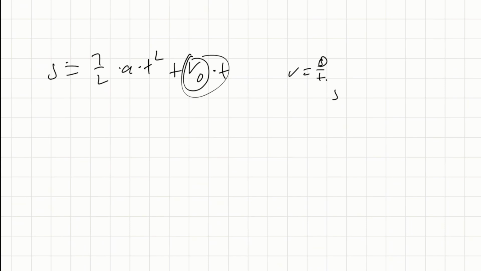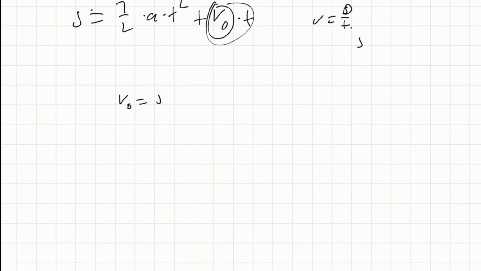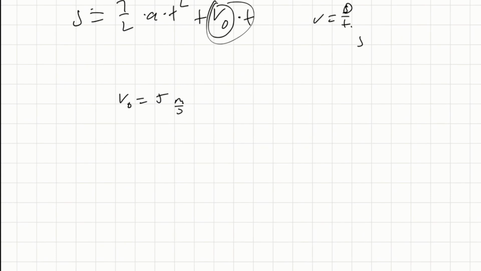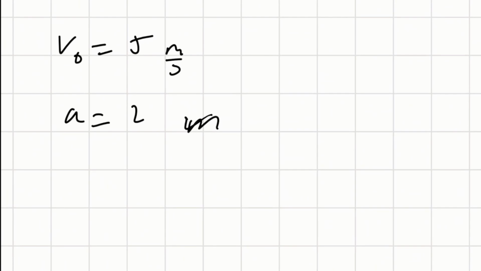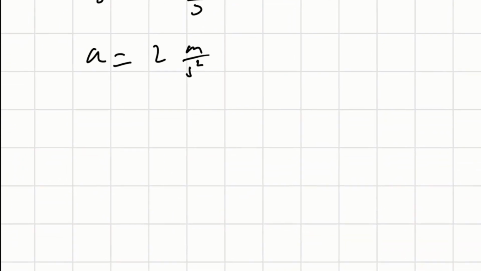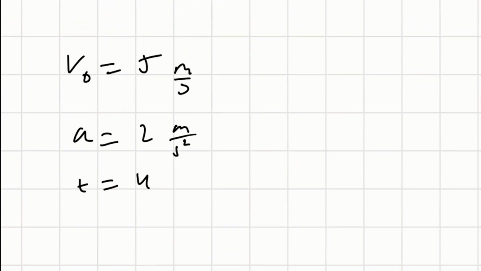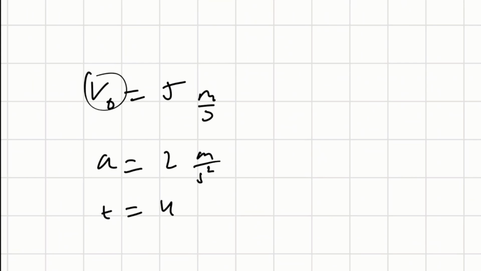Let's take an example. Let's say our beginning speed is equal to 5 meters per second, and we have an acceleration of 2 meters per second squared. We want to know the distance for t equals 4. As I said, the starting speed in this case is not equal to 0.